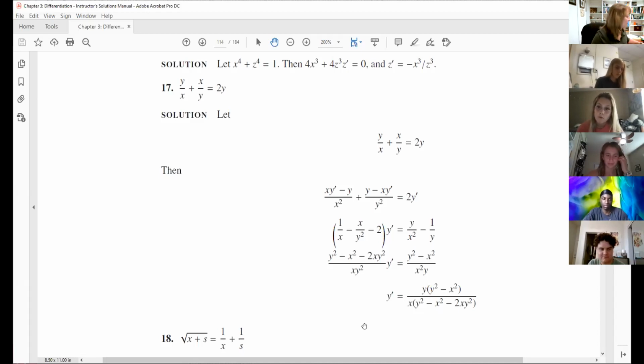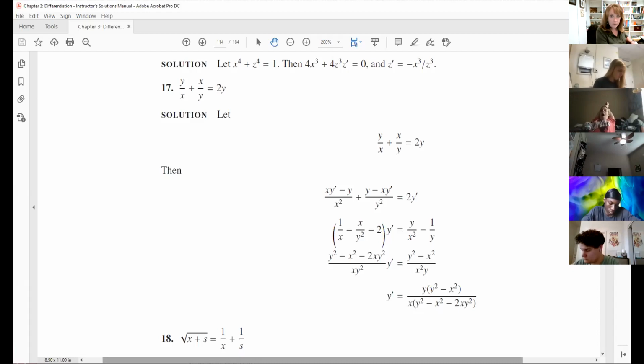Sure, sure. Let me get a piece of paper here. I'm going to change over to share this other screen, and we'll work it out. Let me write down my problem here: y over x plus x over y equals 2y.